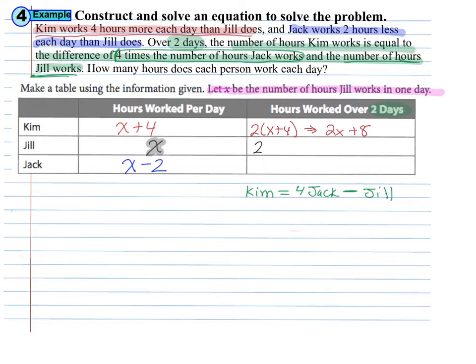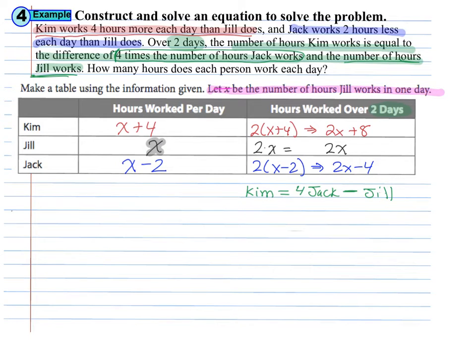We're going to have 2 times X, which gives us 2X. And we're going to have 2 being multiplied by X minus 2, so that's going to give us 2X minus 4. These are the equations that we're going to substitute in for Kim, for Jack, and for Jill.